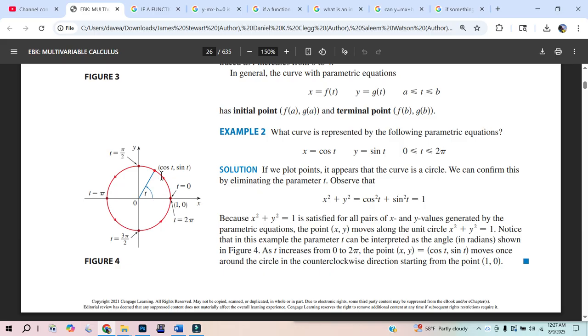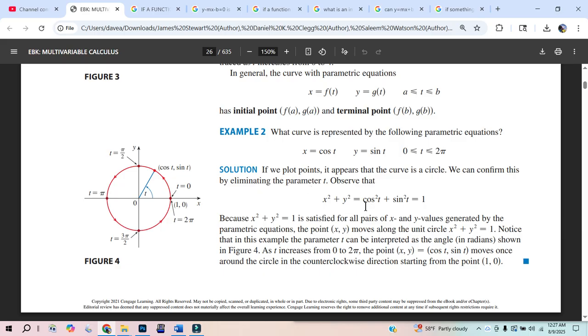I guess if it moves along a circle, the time value is directly proportional to the angle. In this model, it doesn't have to be.